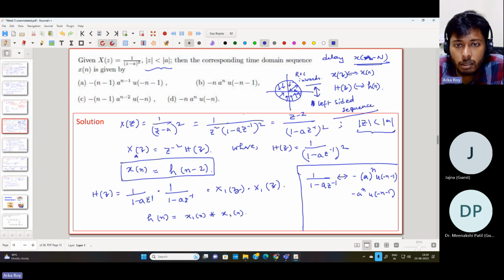We started with the initial condition that is given over here. So x(z) was given, and we wrote that x(z) is equal to a delay of h(n).